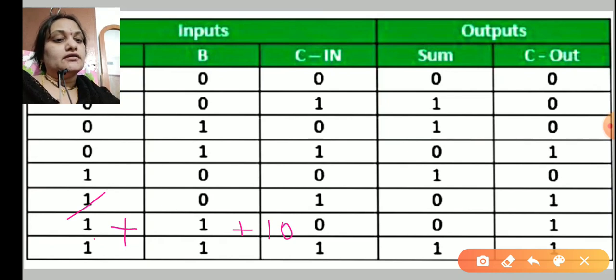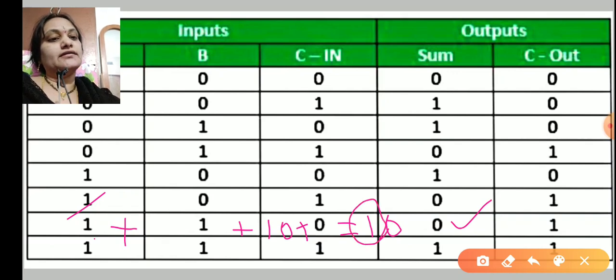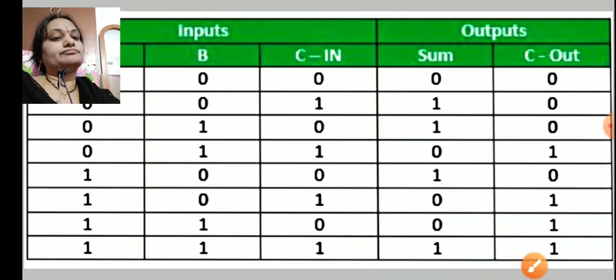Again adding 0 to it, we are getting 1 0. So here we are getting the 0 bit at the right side. Right side means it is the sum, and the left side we are getting 1. This is carry. That is why we have written 1 at the carry.